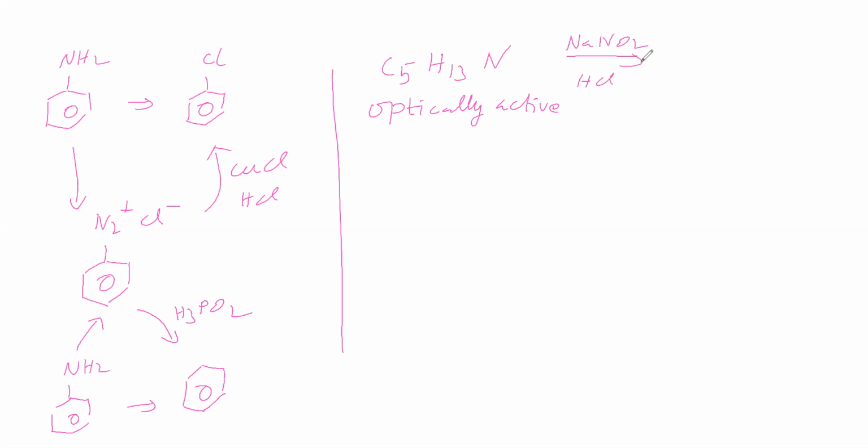What we get is a tertiary alcohol and some other products. Now the question is, is this tertiary alcohol optically active or not? First, since the starting compound is optically active, we will see how this compound will be.